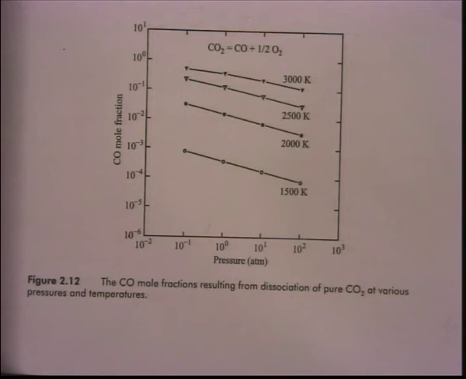At a given temperature, as the pressure is increasing, the dissociation is reducing, CO is reducing. CO is reducing means dissociation is actually reducing, because we are starting with CO2. So, that is a good point. And then again, as the temperature is increasing, the CO mole fraction is increasing.